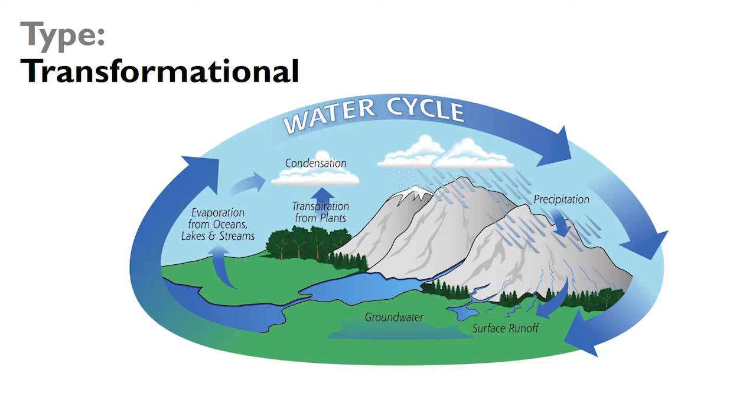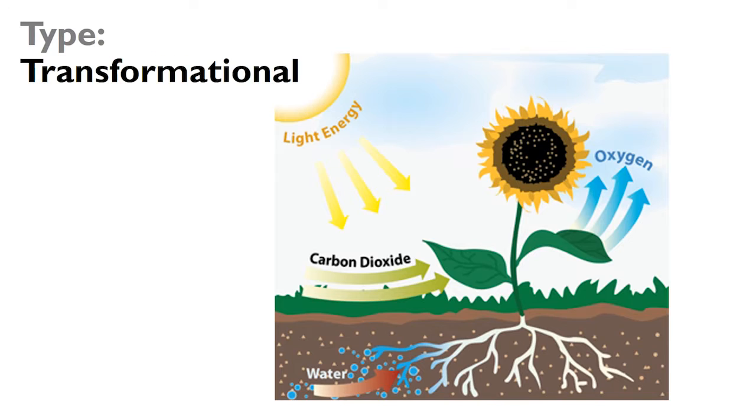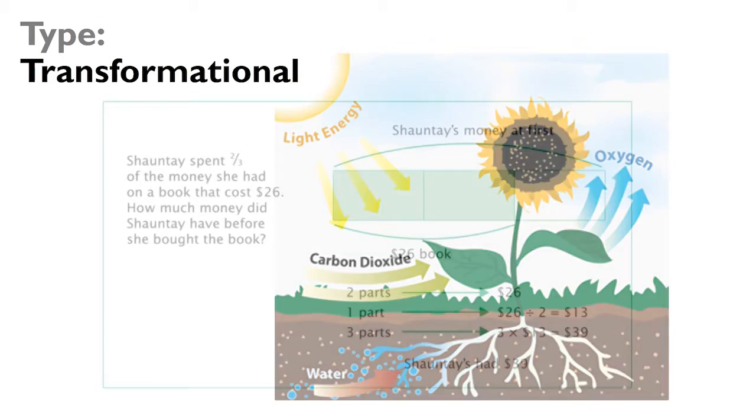But it's a classic example of a transformational graphic that shows changes in water, well, over time and space in this graphic. Another page out of the science text would be the photosynthetic process or respiration or some other important biochemical process that you wanted to depict. In this case, it's another classic example of a transformational graphic.